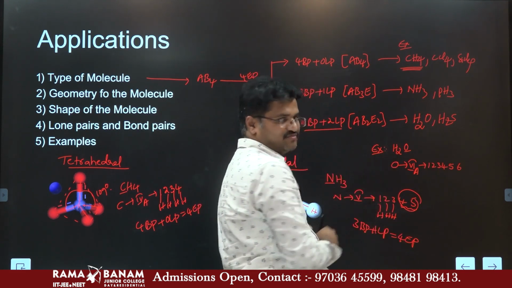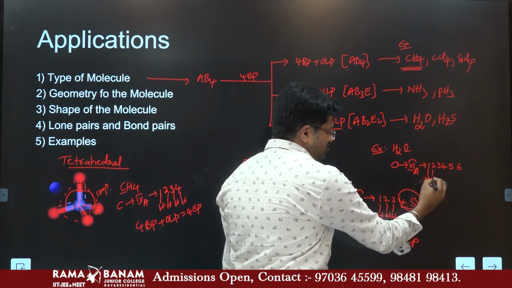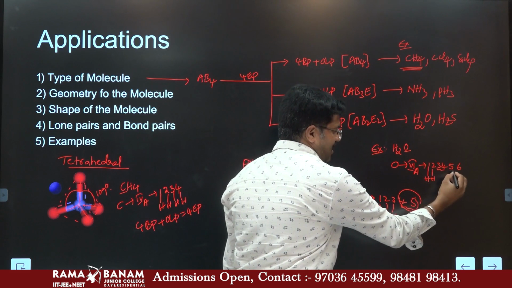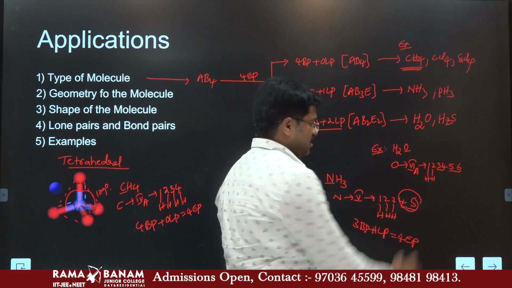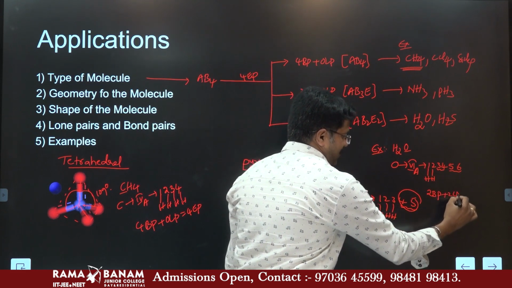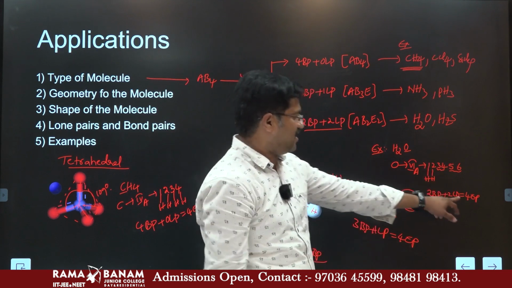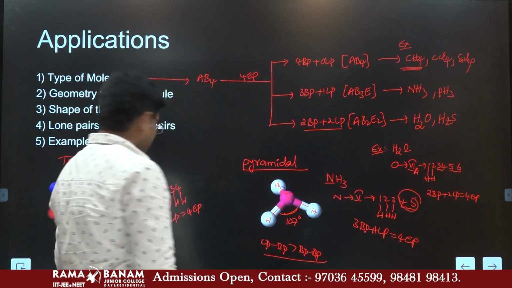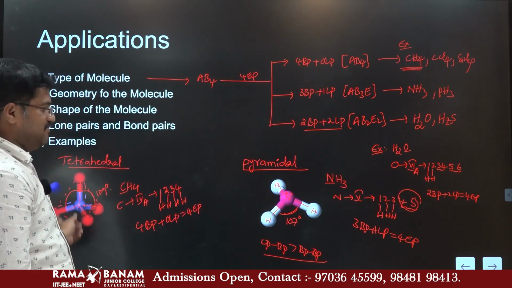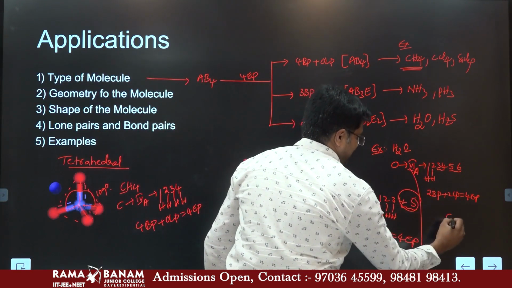Here 2 hydrogen atoms are bonded. Hydrogen forms single bonds. These are bond pairs and these 2 are lone pairs. So 2 bond pairs plus 2 lone pairs, total 4 electron pairs, but the expected geometry is tetrahedral. The expected geometry is tetrahedral, but the actual shape is V shape or angular shape.